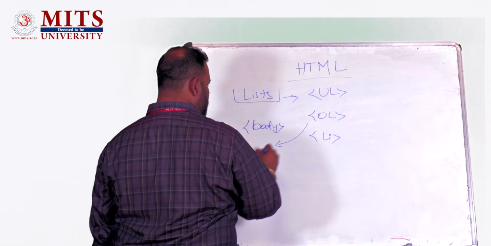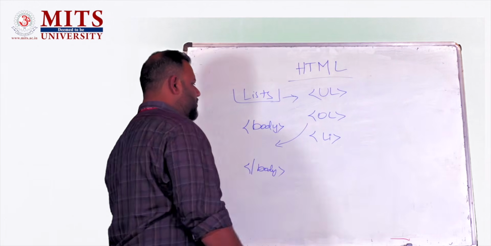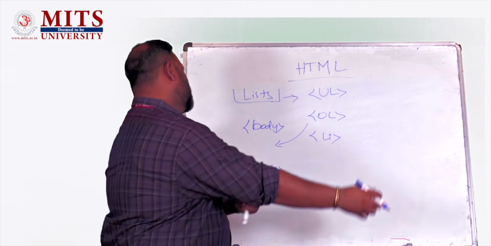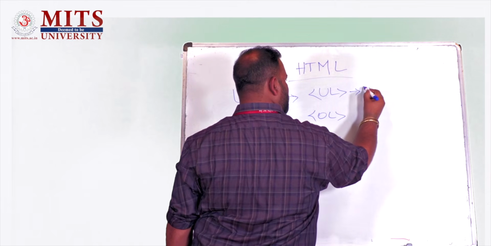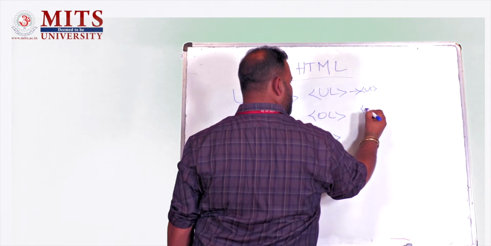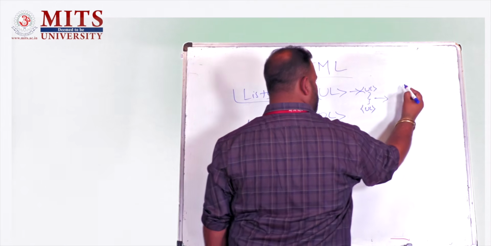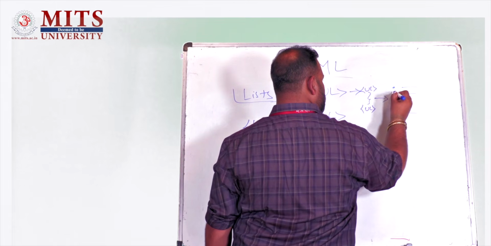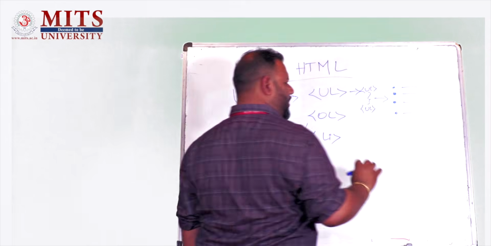This goes here. So the content is going to be organized in a neat manner. When we give data using this tag, all the content here will be visible using bullets because they are unordered.